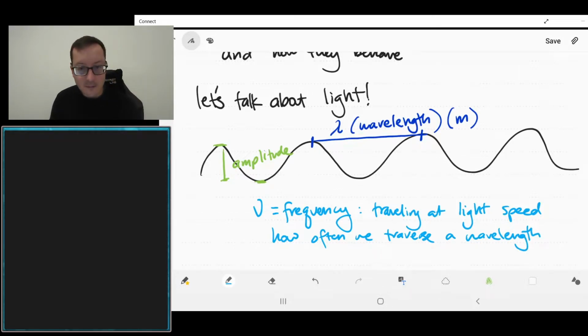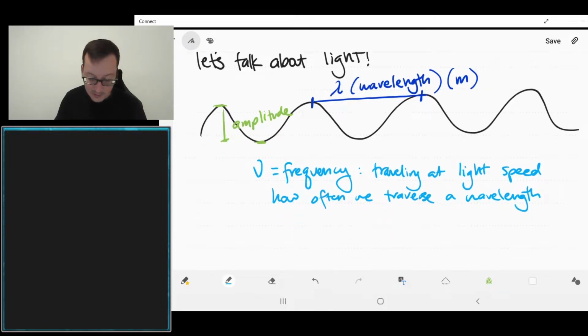Bit wordy, but the frequency is just how many wavelengths you're able to get through in a second. You're traveling at light speed, that's 3 times 10 to the 8th meters per second. Your wavelength is some number of meters. The frequency is just telling us how many of those wavelengths we're able to go through in a given amount of time. Typically, that's 1 second.